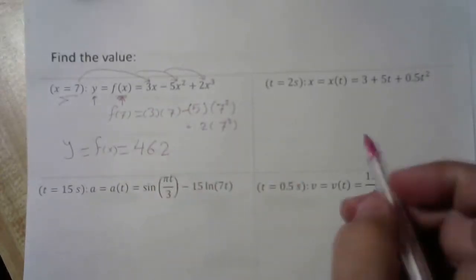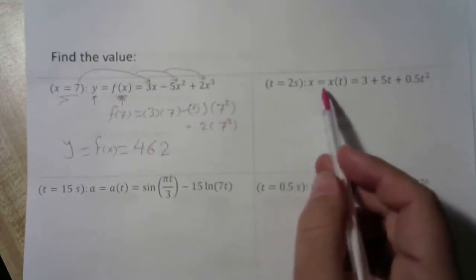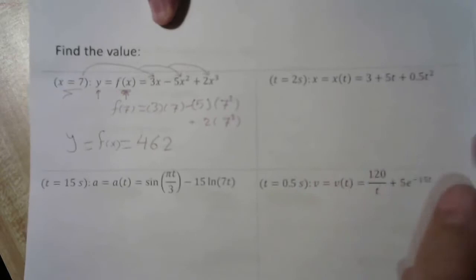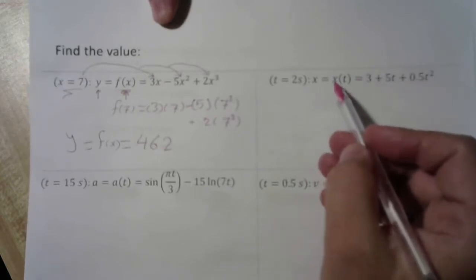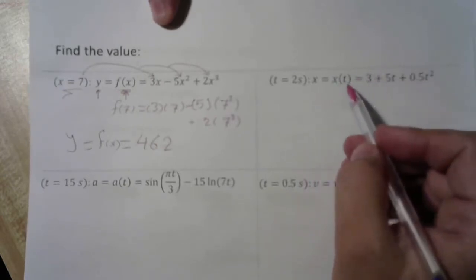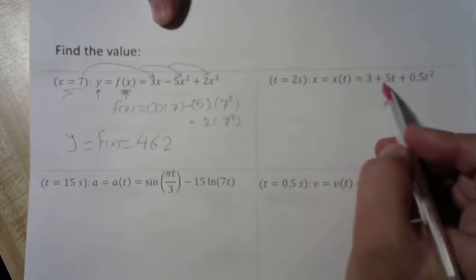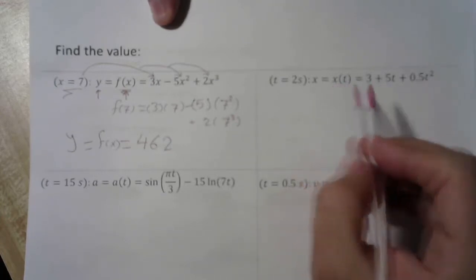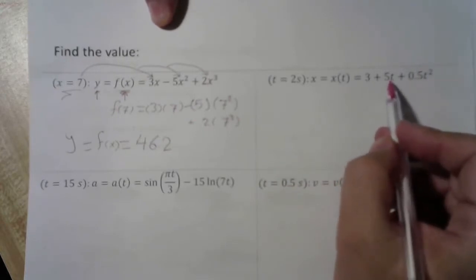Okay, what about this? This is x of t. It is another function. The name of the function is x, the dependent variable is x, and the independent variable is t.